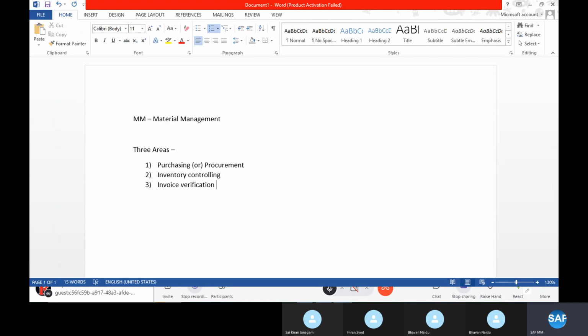Areas are nothing but like the departments in your company. What departments do you have? Finance department, procurement department, store department, sales department, like that. But master data is common for everyone. MM has its own master data, SD has its own master data.